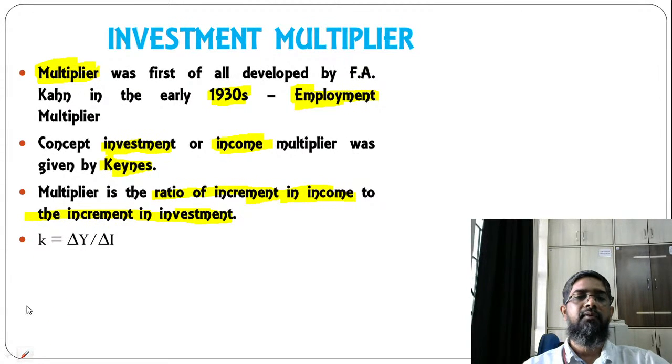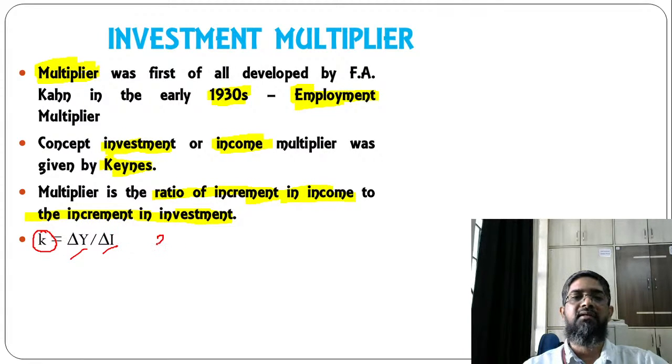Usually this multiplier is denoted by the letter small k. This small k is your multiplier and it is nothing but the ratio of change in Y, that is change in income, due to change in investment. What happens when there is change in investment?